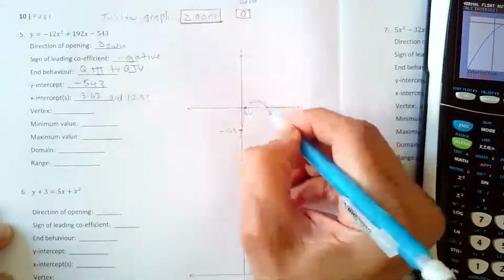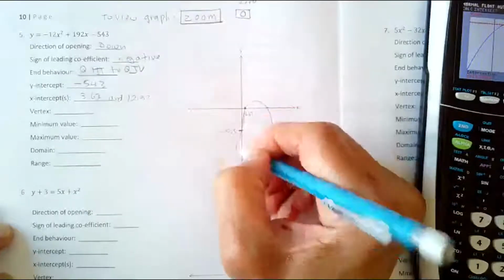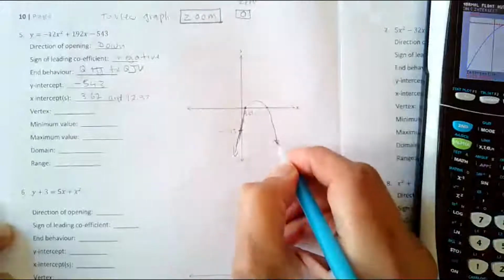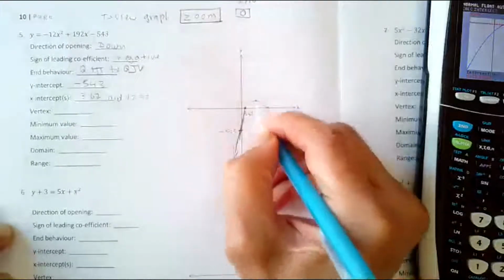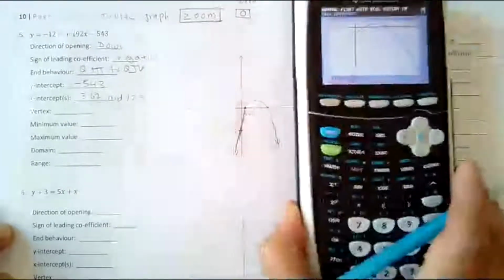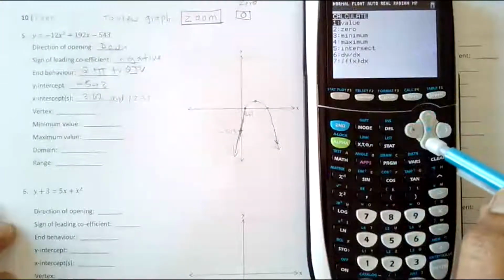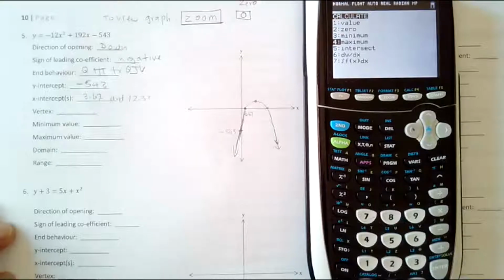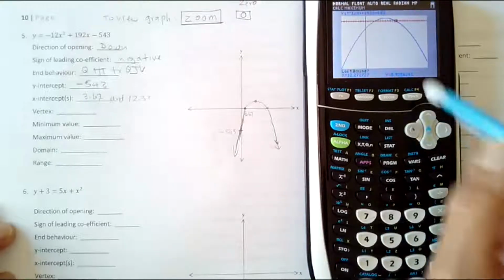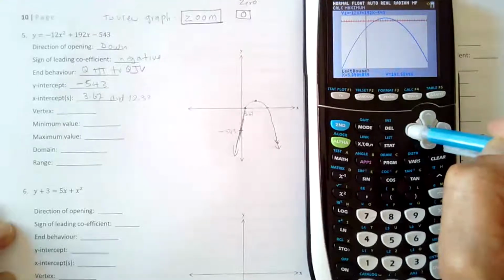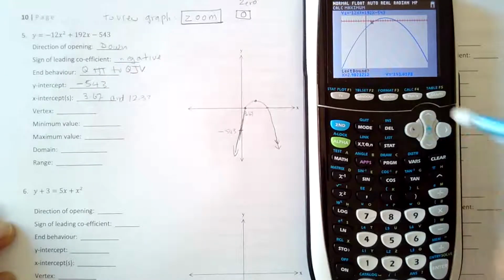Now I need to find my vertex. Second trace, and it's the maximum point. Enter. Say left bound. Make sure you go to your left. It doesn't have to be below the x-axis. You can leave it right to the left of the vertex.